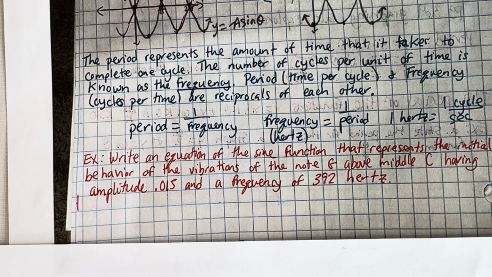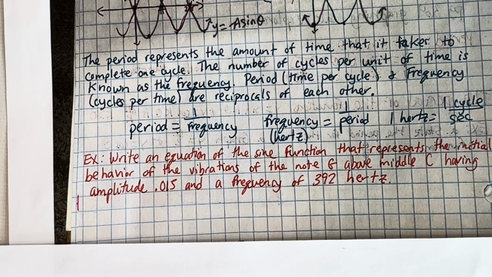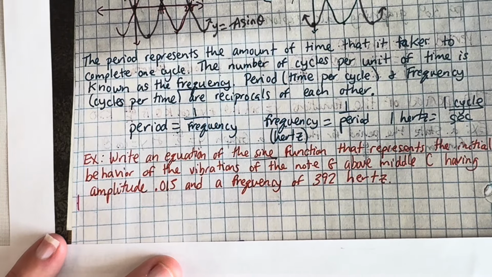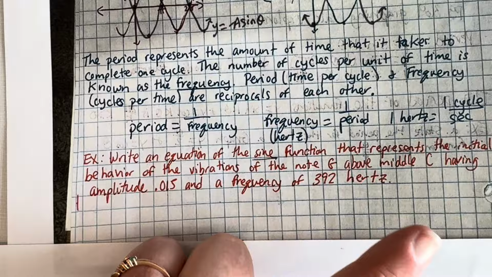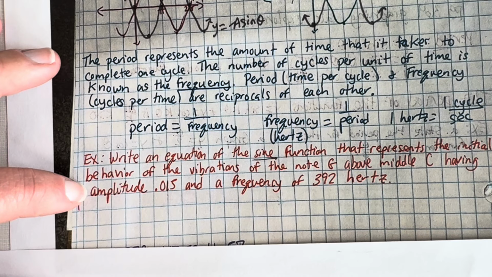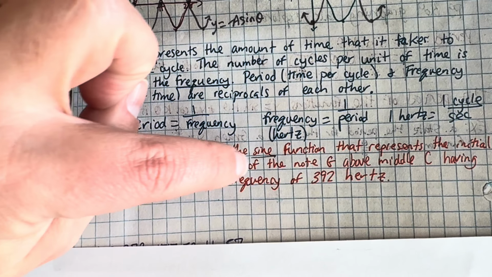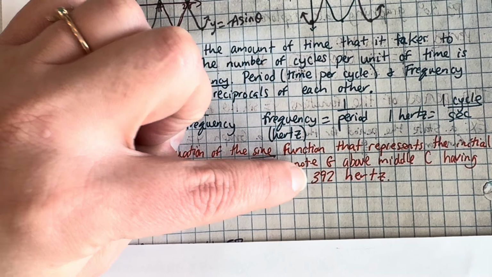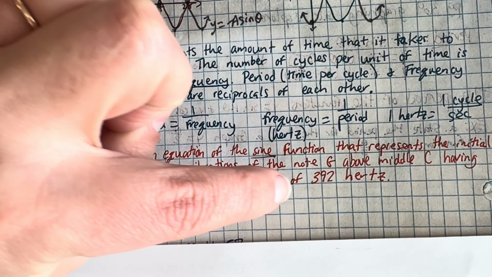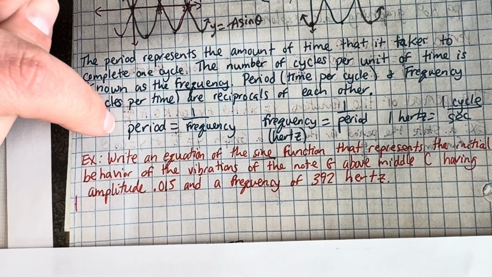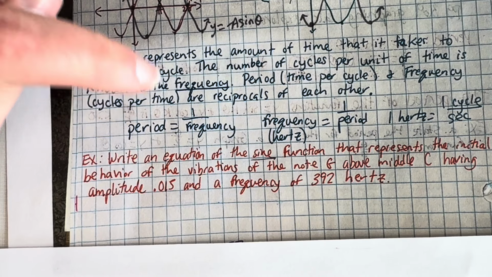So I have a problem for you. It says write an equation of the sine function that represents the initial behavior, the vibrations, of the note G above middle C, music and trig, having an amplitude of 0.015 and a frequency of 392 hertz. Well, frequency is 392, and our period is equal to 1 over our frequency.